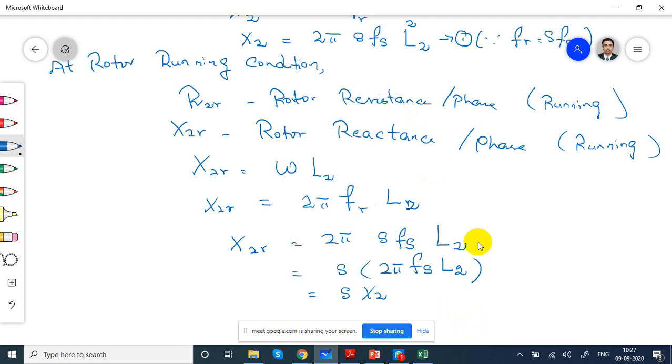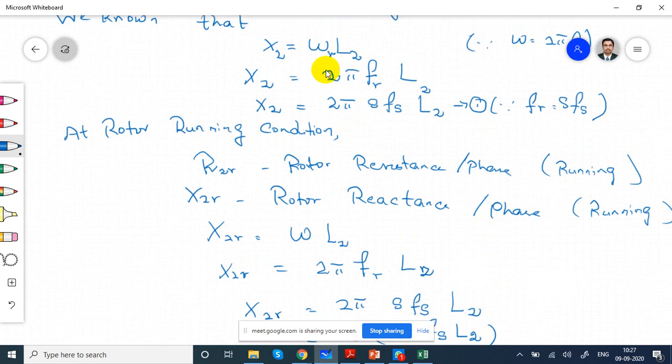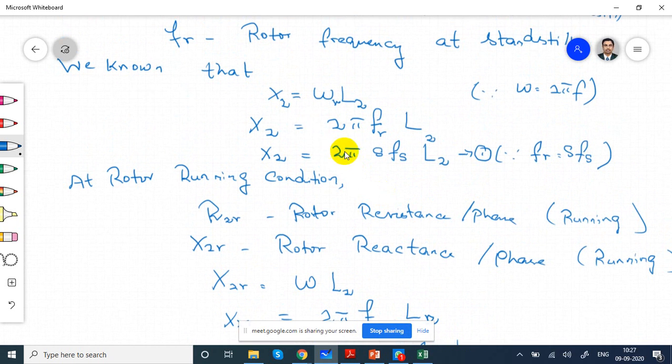Sorry, 2 pi Fs into L2 will be the standstill condition. What is the slip value during standstill? S equal to 1.